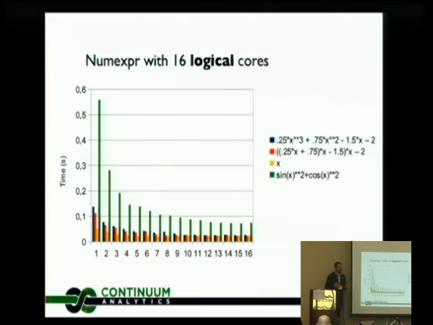So hyperthreading is not a completely hype thing from Intel. For some problems, it works. For example, here we have more or less a 30%, 40% improvement in speed. But it works mostly for CPU-bound problems, okay? Not for memory-bound problems.